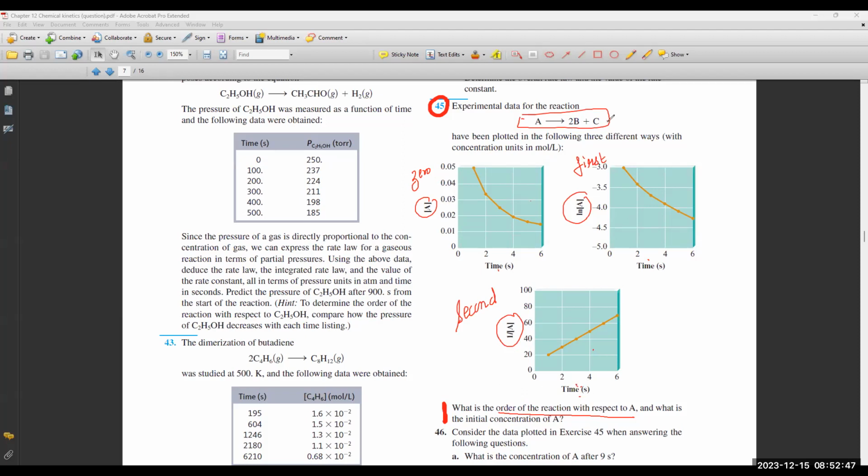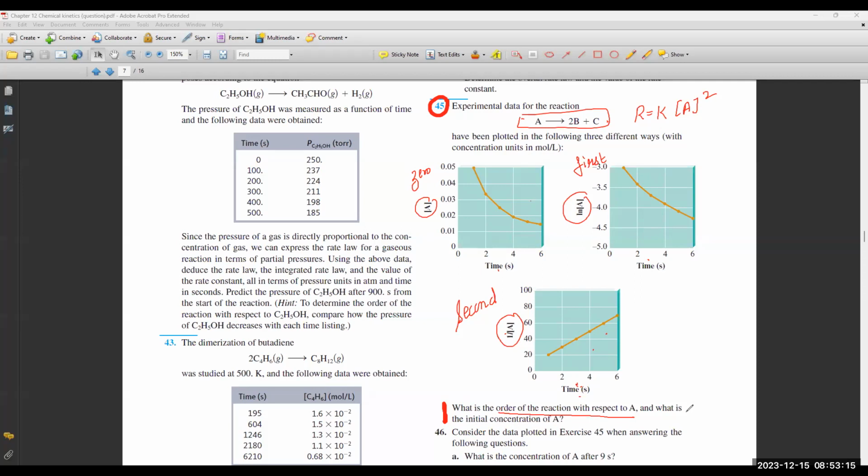So what's the order of this reaction? Second order. So rate is equal to K times concentration of A raised to power 2. That's the rate law, children. Straight line represents the order, right? Here the straight line is of 1 over A versus T. So from this graph, I identified, oh, this is second order kinetics because this graph is a straight line.